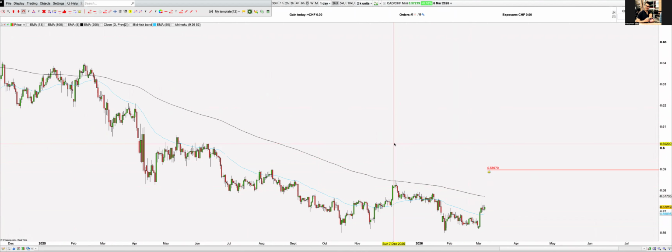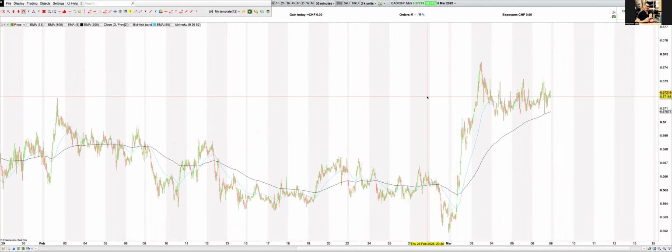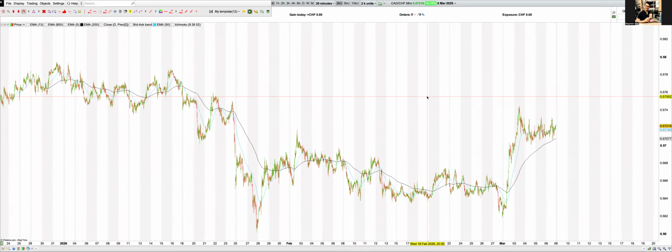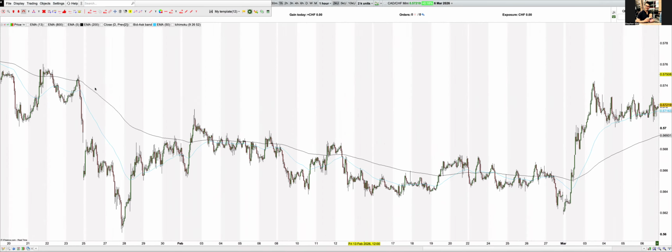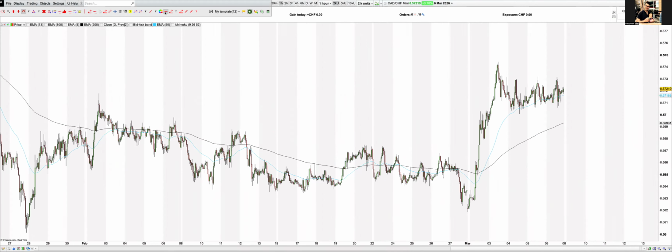Change, break, retest, something like that we're looking for. Yeah, it's an interesting chart. May have to have a pop at this one.